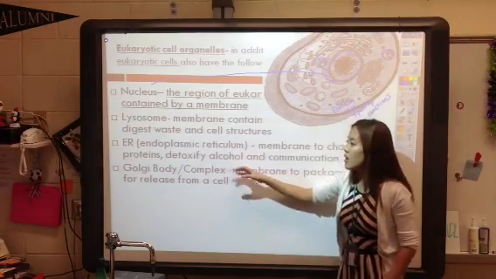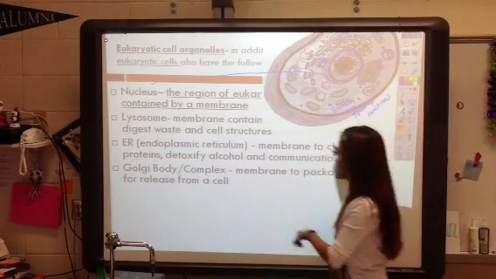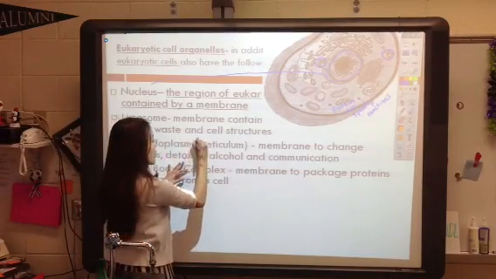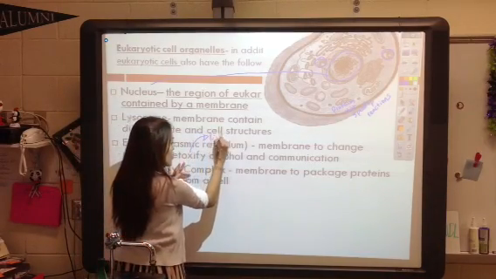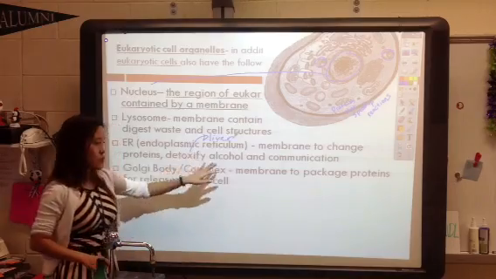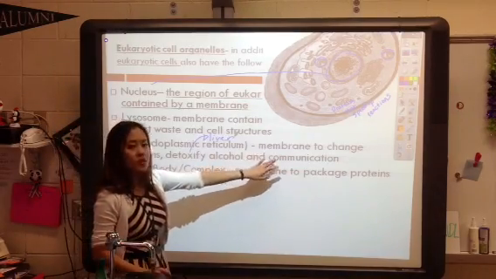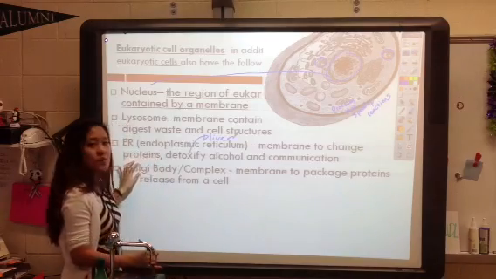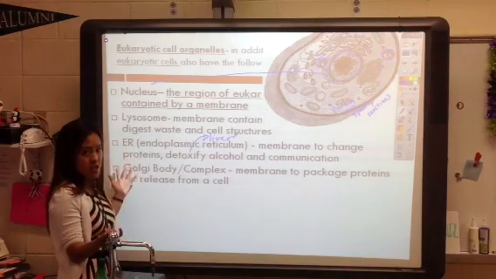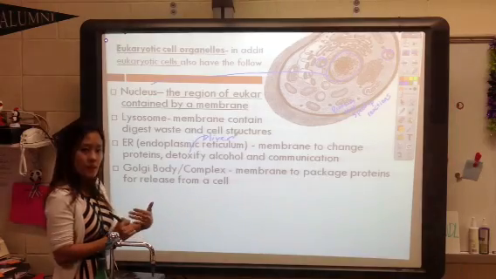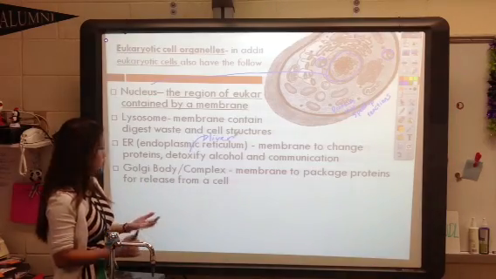Detoxifies alcohol. A lot of times, a lot of these ERs are going to be found in the cells of your liver, which is the organ that helps break down alcohol and toxins in your body. And it's also involved in communication because it's going to shift those proteins around, potentially as hormones, to communicate with other parts of your cells or other cells completely.